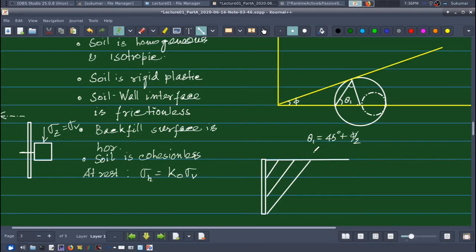Okay, and just like this I can also have another set of failure planes in the opposite direction. Let me draw it.